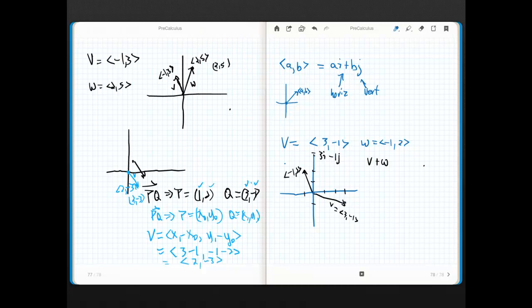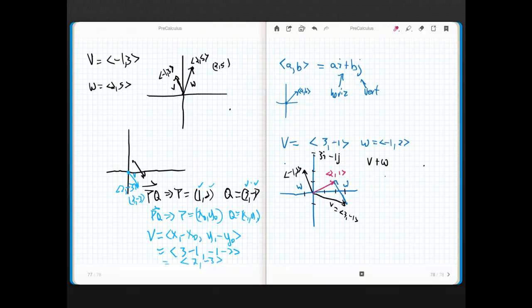And then I'm just going to go, what was it? It was over 1 and then up 2. And, whoops, sorry guys. I get that guy. All I did was move him over, right? This is still just w, as was this. And then the resulting vector is, I go from the tail of the first, tail to tail, head to head, and let's see what we got. Looks like we should have 2 comma 1, right?